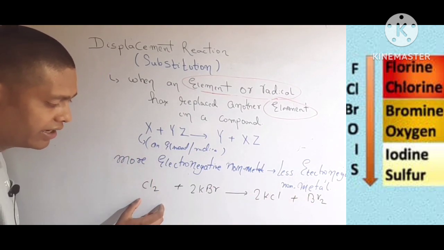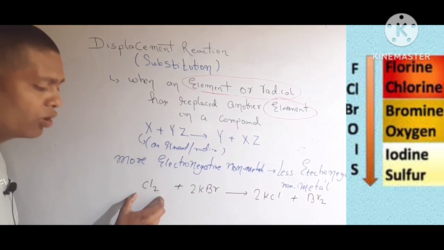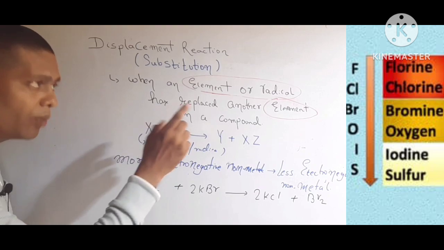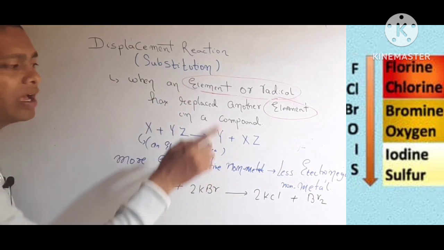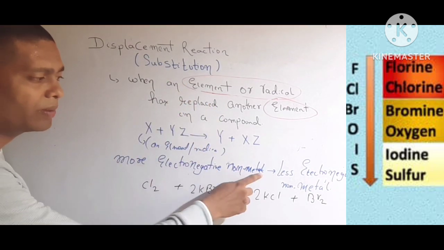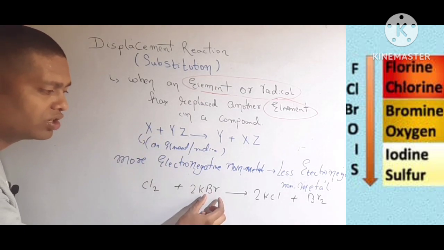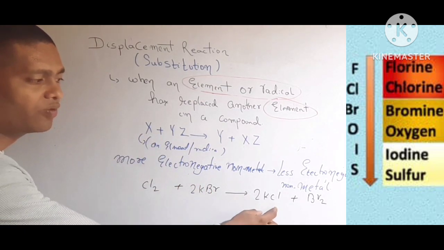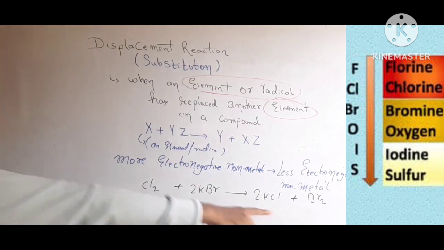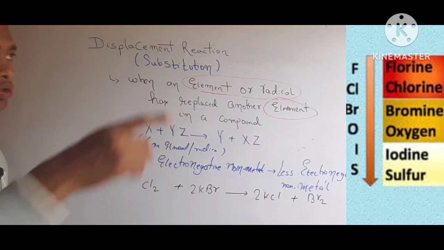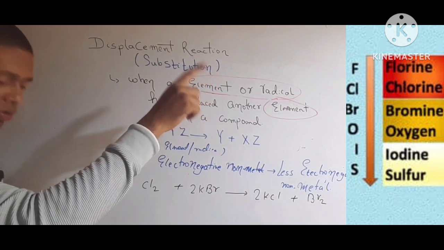So a radical or an element should be more powerful and should be at the top in the reactivity series, be it the electrochemical non-metal reactivity series or the metal reactivity series. Then it will be powerful enough to displace the less powerful one and form a new compound. Understood? That is the reactivity series for non-metals. So how does it work?